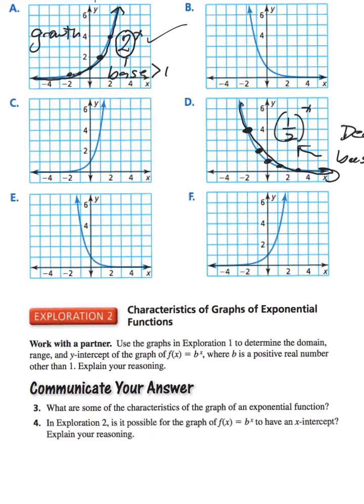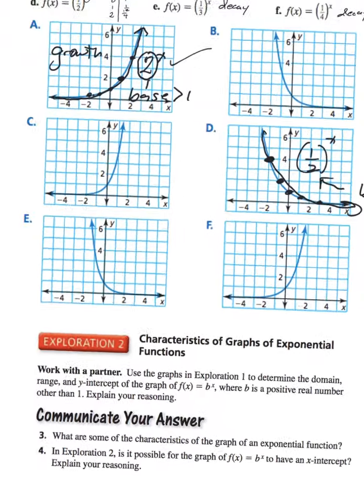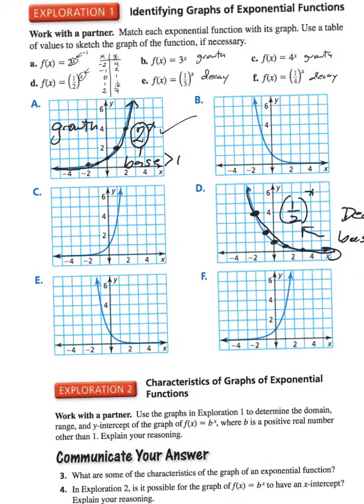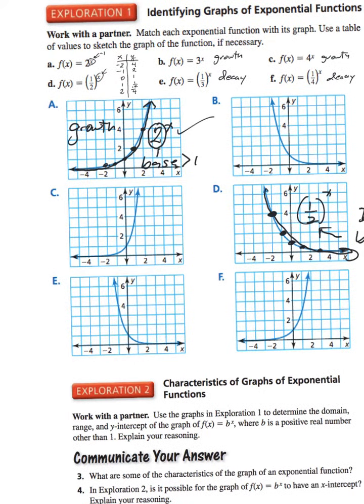I think I already answered exploration 1, but one of the things we want to talk about in terms of exponential functions is this graph A. You'll notice that as we go to the left, the number gets smaller and smaller and smaller.